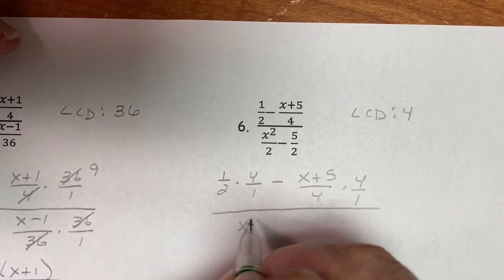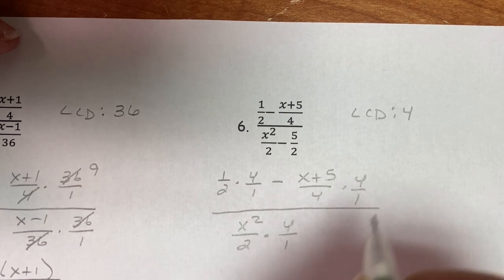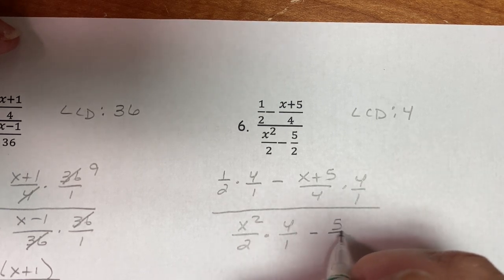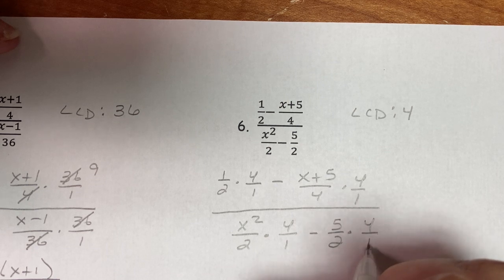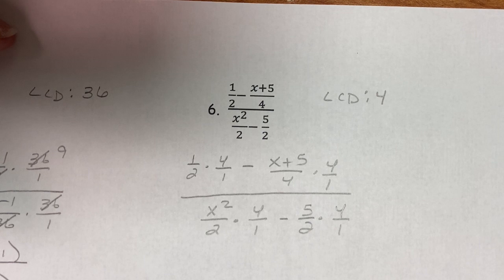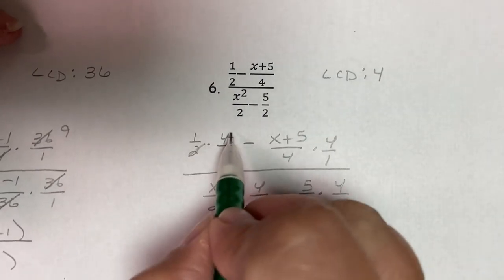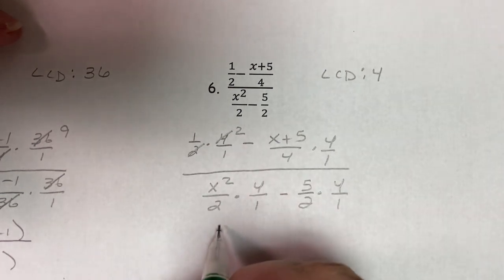I'm already looking at having some issues, possibly like we did in the previous one with negative signs, so we're going to have to be careful. So there's that step, just multiplying everything by 4 over 1. Now I'm going to go ahead and do my canceling. So 2 cancels into the 4 twice.